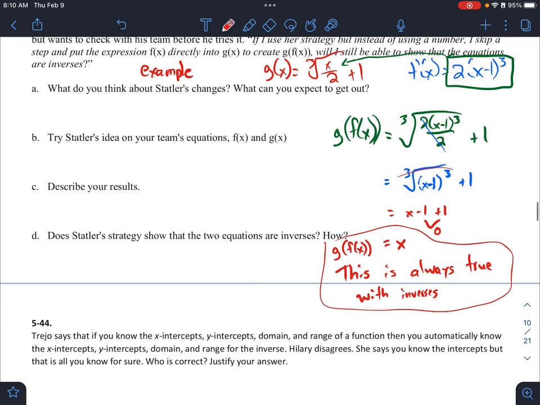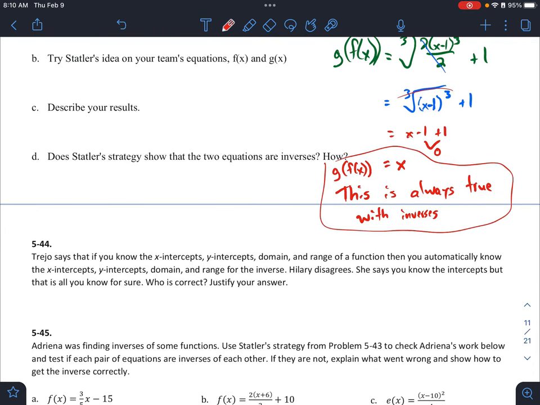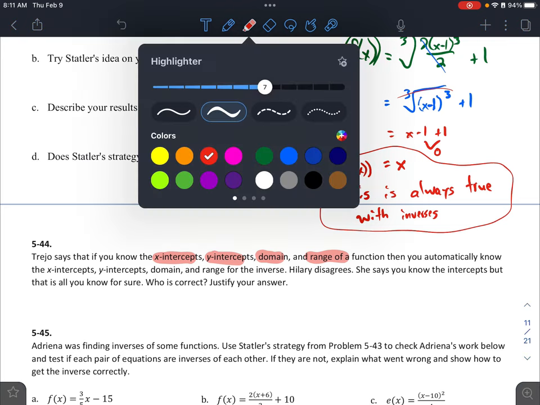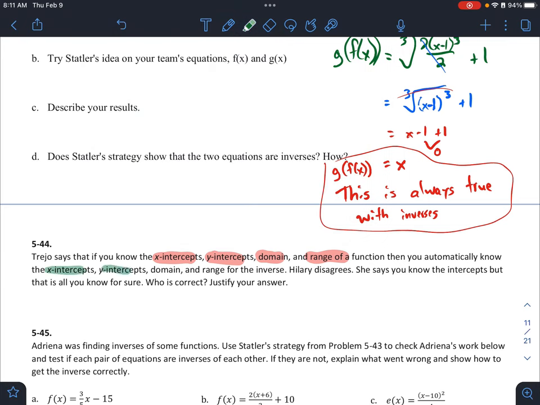And then our last one that we are going to do today, it says Trio says that if you know the x-intercepts, the y-intercepts, the domain and range of a function, then you automatically know the x-intercepts, y-intercepts, domain and range of the inverses. Hillary disagrees. She says you know the intercepts, but that is all you know for sure.